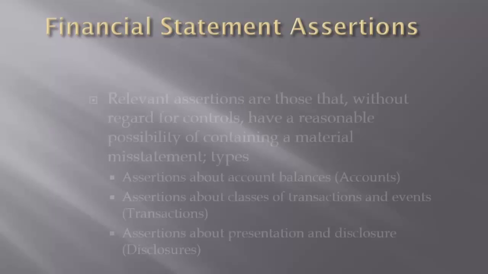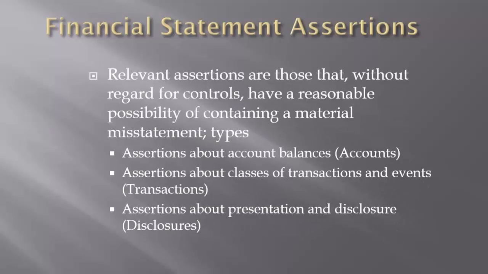Okay, so how do we do the audit? We've talked a little bit about this, but we're auditing from the perspective of management assertions. Assertions are what management is bringing to the table. Keep in mind that the financial statements are the responsibility of management.